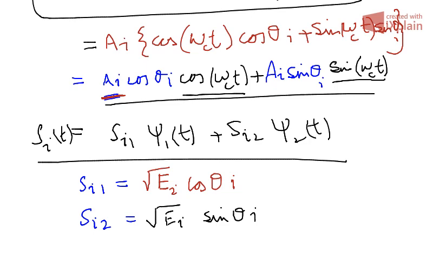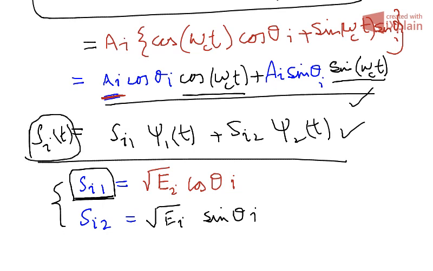Just compare these two equations, this one and this one, and you can find out these Si1 and Si2, and you should be familiar with this Si1 and Si2, that these are actually the images of the signal Si over psi 1 of t, right?